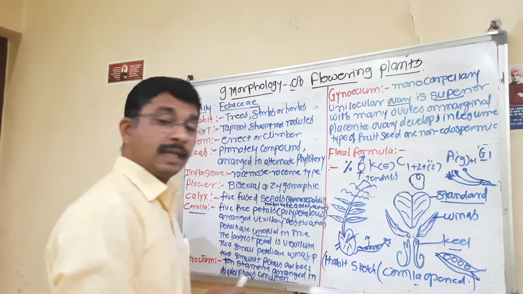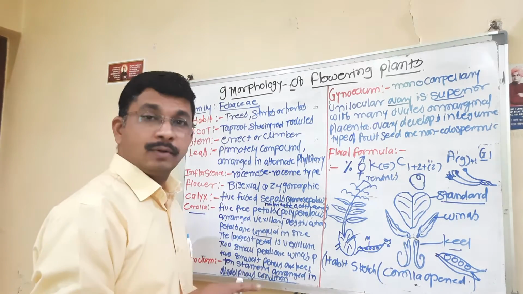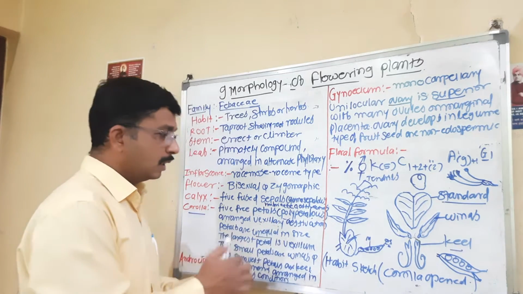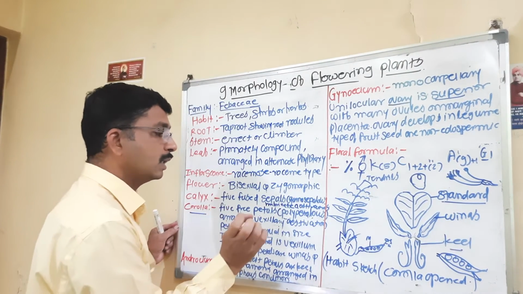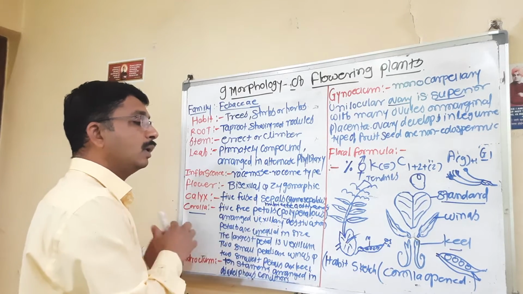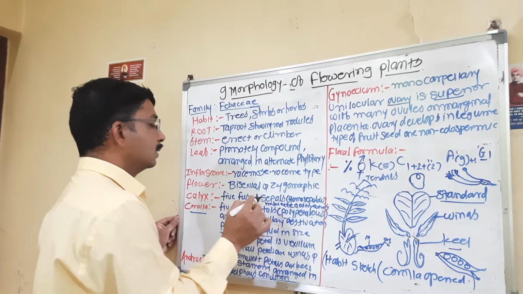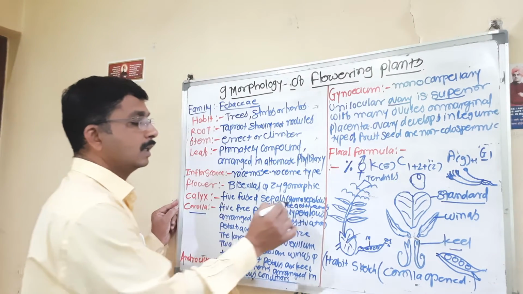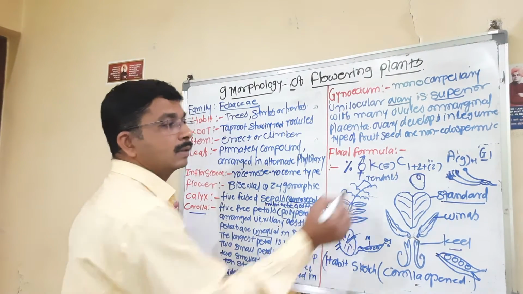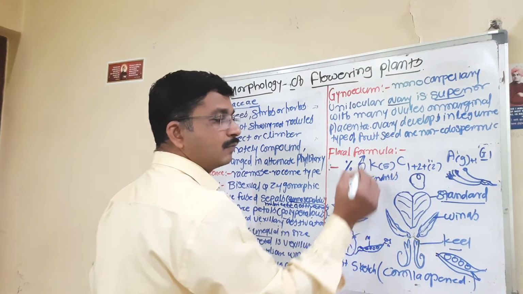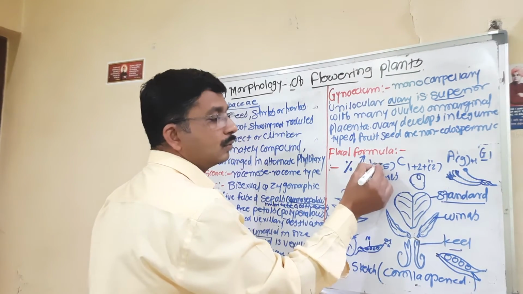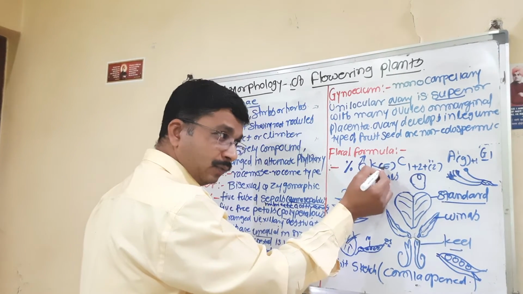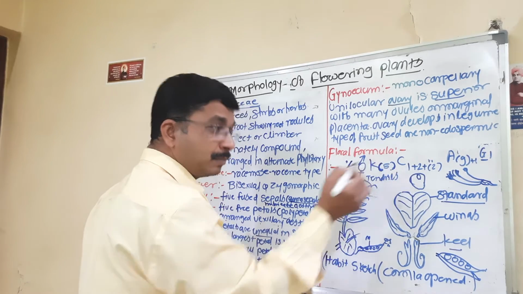Then calyx we represent with K. This calyx is fused, and that condition is called gamosepalous. The five sepals are fused, so we write five sepals and draw a bracket.